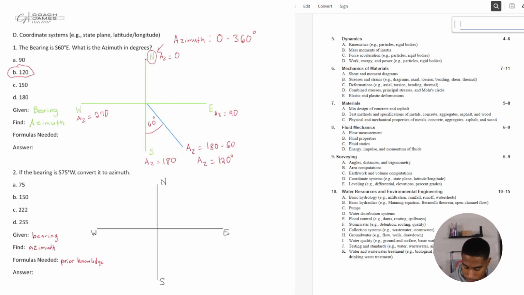It has to be 75 degrees from the south. So when I'm drawing my line, let's make it orange. I know it has to be southwest, and it needs to be 75 degrees from the south.